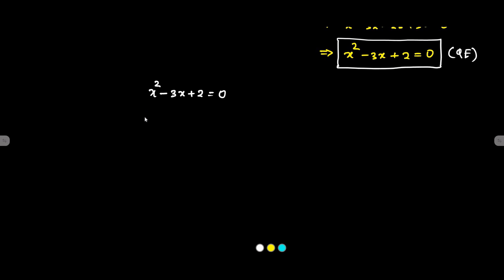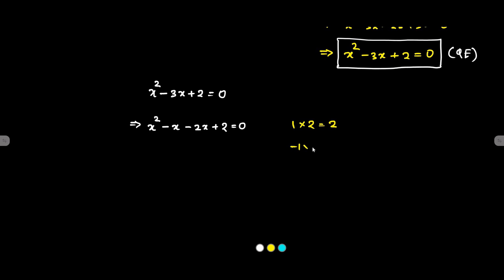So how will we split it? You know the whole process, so we'll go directly. We'll split the middle term minus 3x as x square minus x minus 2x plus 2 is equal to 0. As you can see, the product of the two extreme terms is 1 into 2, which is equal to 2, and the splitting is done as minus 1 and minus 2.